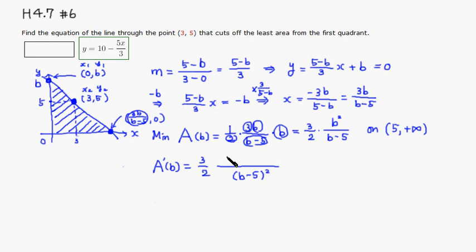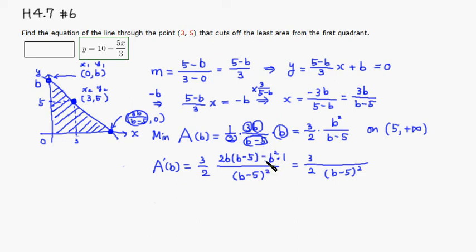Right, then derivative of that top would be 2b, right, times the bottom, which is b minus 5, right, minus top, which is b squared, times the derivative of the bottom, which is going to be just 1, right? So this is going to be 3/2 is just a constant in front, and the denominator is pretty simple. So b minus 5 quantity squared, right?